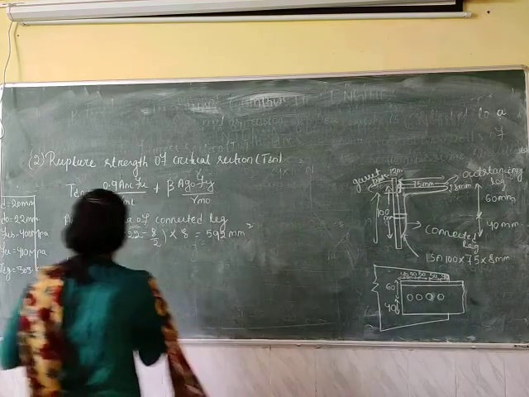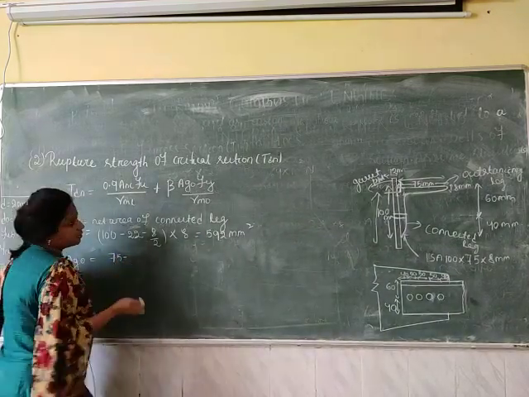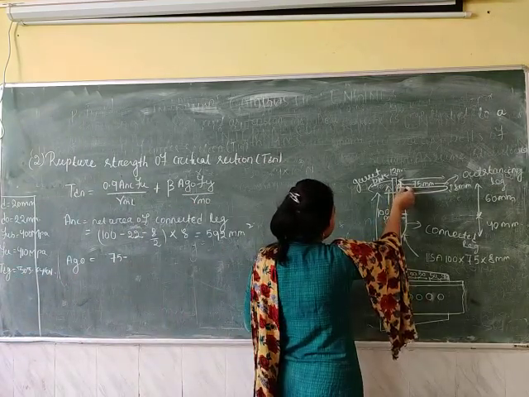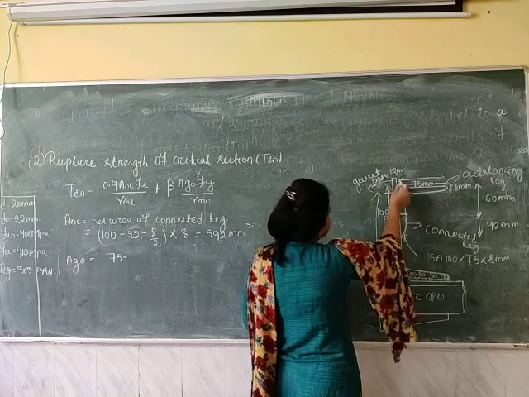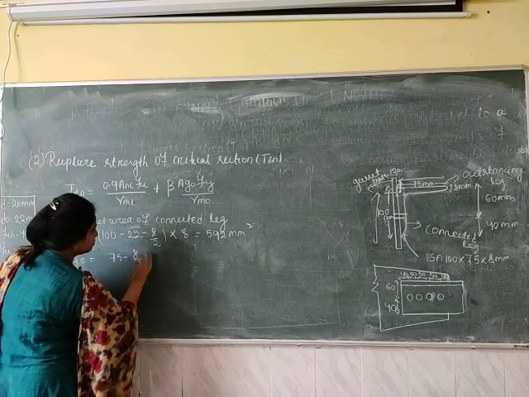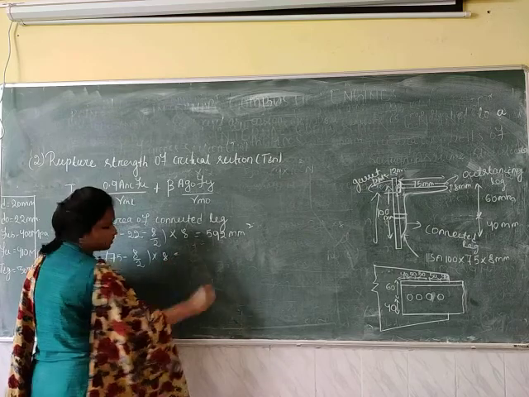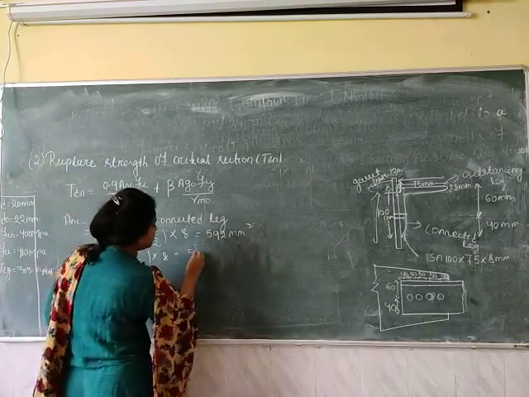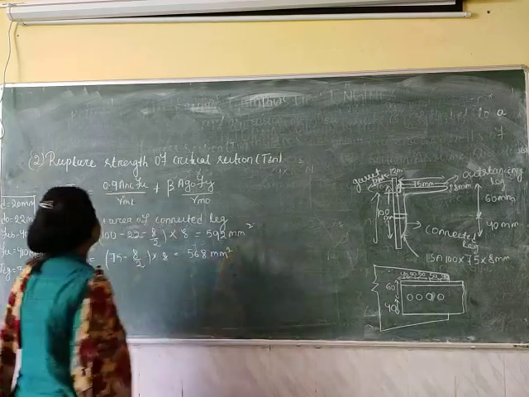So 75 minus, this thickness is 8 mm, so we will deduct this length, that is 8/2, into the thickness of the angle section, and this value is coming 568 mm square.